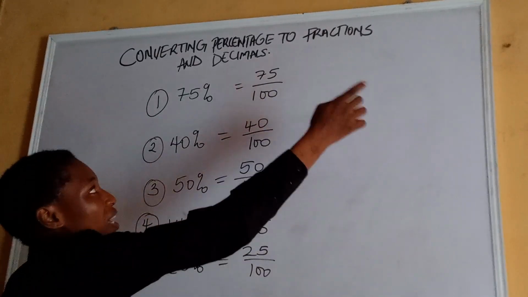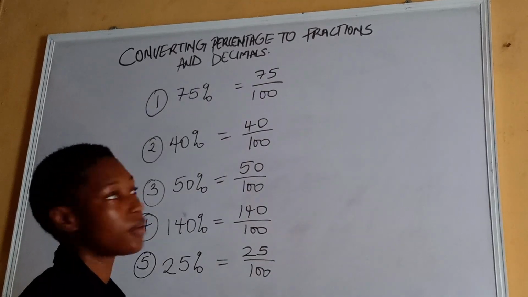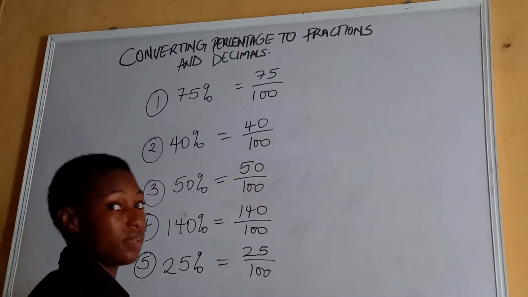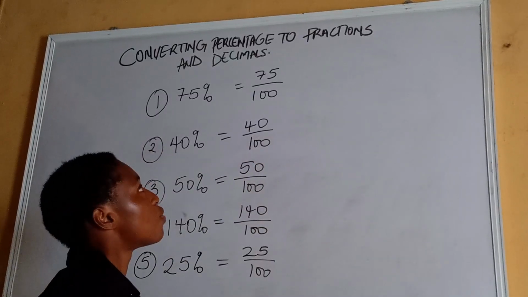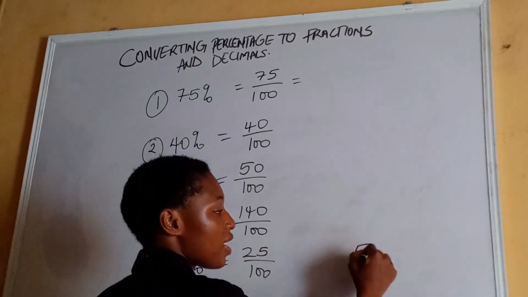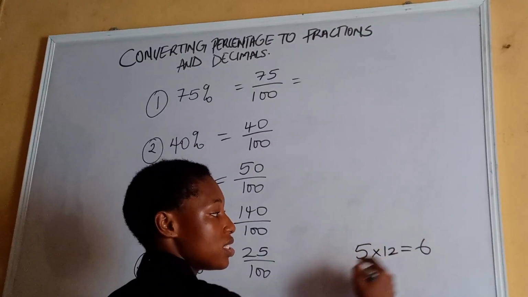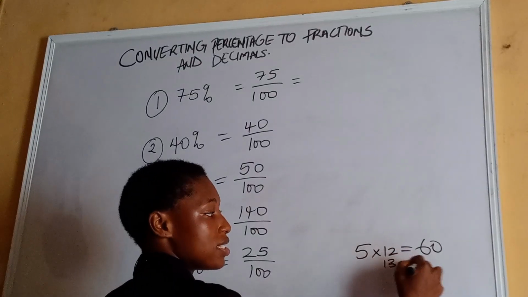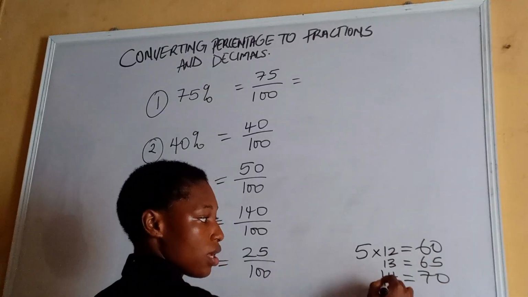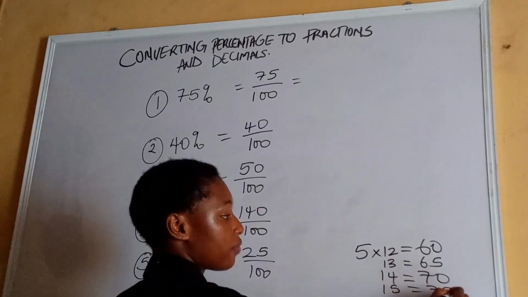So you have 75 here and you have 100 here. Now, anytime you see 5 and 0 behind, 5 can divide it. So we can simplify using 5. So you know your multiples of 5. Since 5 times 12 is equal to 60, 5 times 13 is 65, 5 times 14 is going to be 70, and 5 times 15 will be 75.